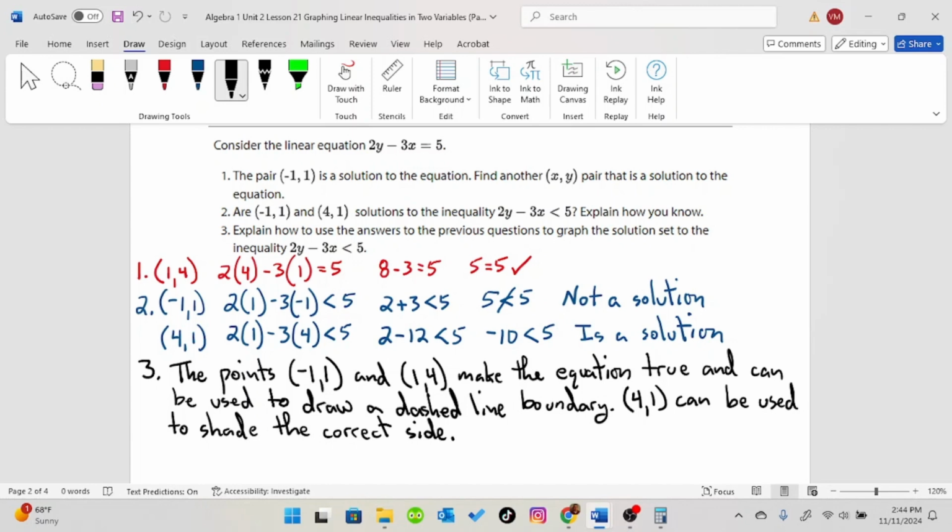So when you are trying to draw this graph, you would plot the points (-1, 1) and (1, 4), then draw a dashed line through those points. That will give you your boundary. Then you will plot the point (4, 1), and whichever side of the dashed line that point is on, that is the side that you would shade to show the region of solutions for this inequality.